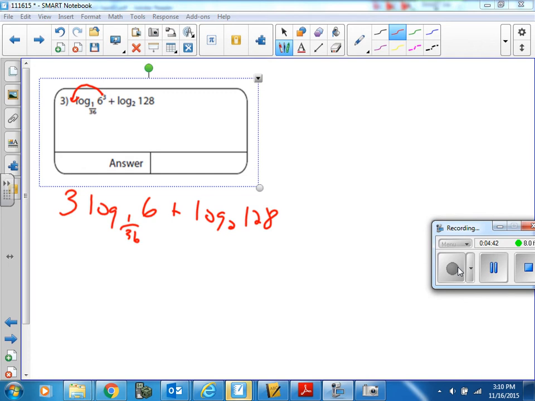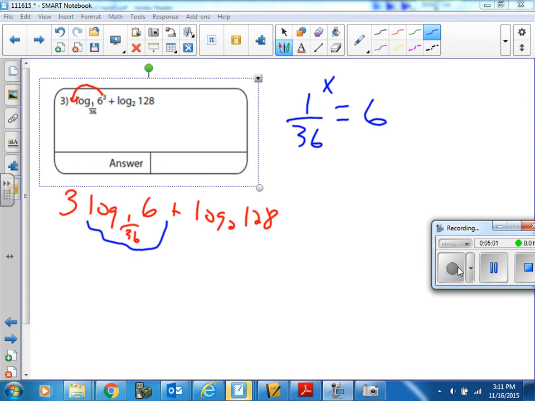There is no coefficient. So in this case, I'm just going to deal with this part in blue, and that's going to be, remember, you're thinking about 1/36 to the what gives me 6. So I'm looking at this, 1/36 to the x equals 6. Well, what does that have to be?